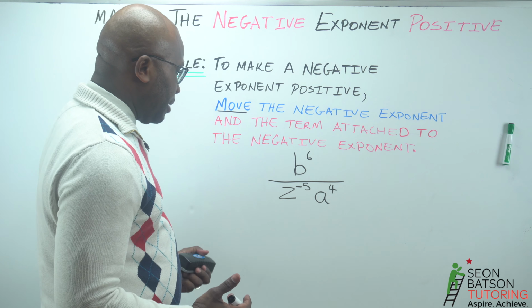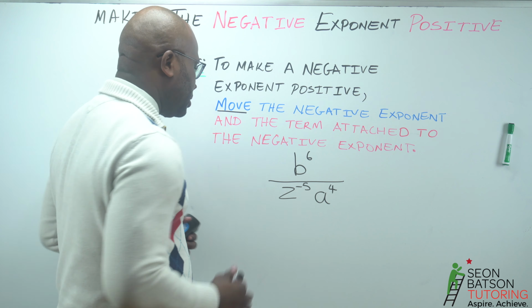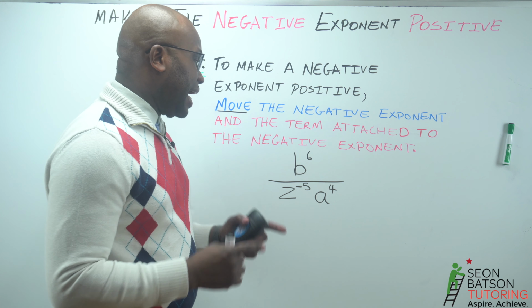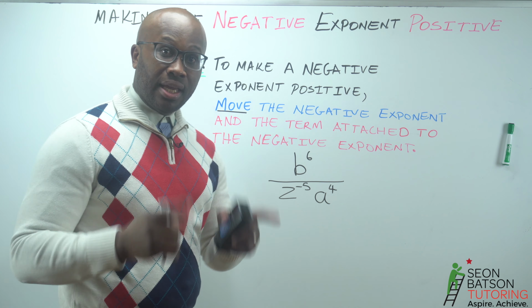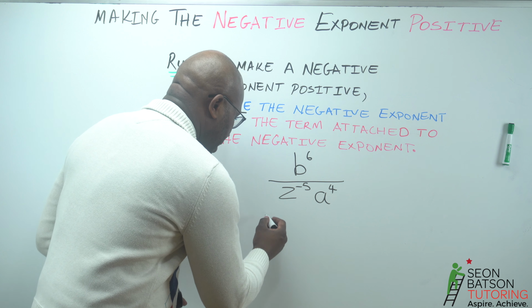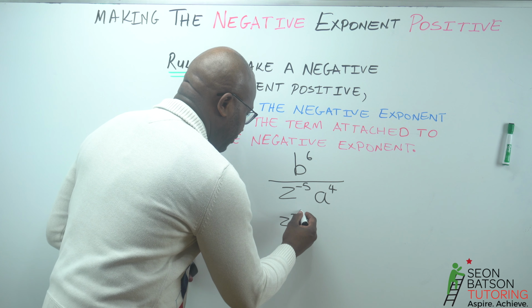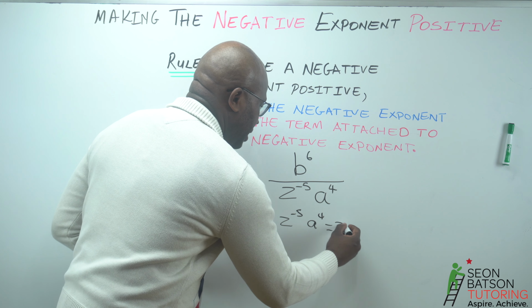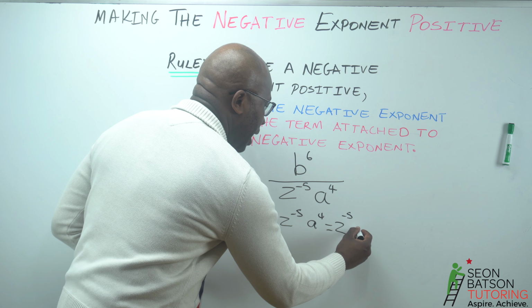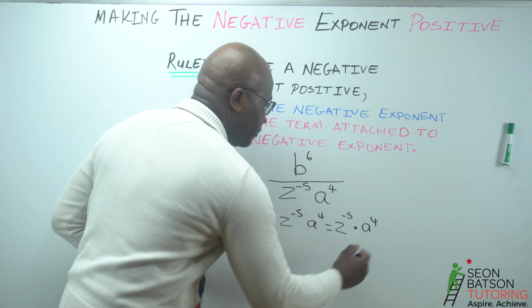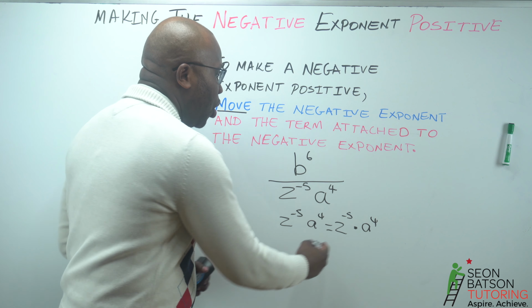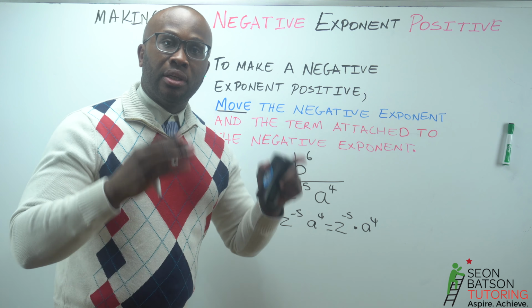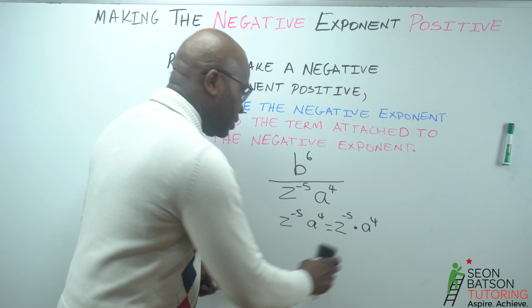Now, in this example, our negative exponent is negative 5. Negative 5 is attached only to the z. Why? Because remember that z to the negative 5 power times a to the 4th power are separate factors, so this negative 5 is only attached to the z. So far, so good.